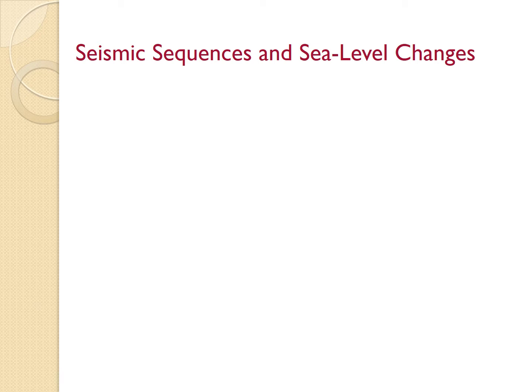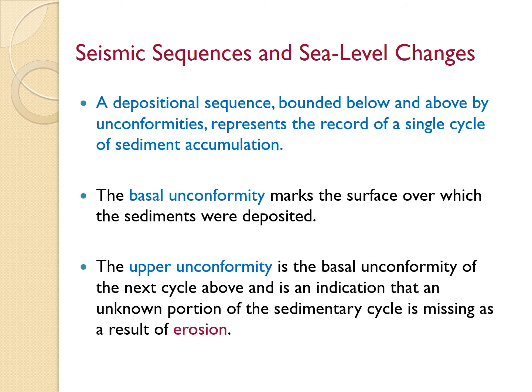We are now coming to a nice, interesting point about the seismic sequence and sea level changes, how we can detect sea level changes. A depositional sequence bounded below and above by unconformities represents a record of a single cycle of sediment accumulation.